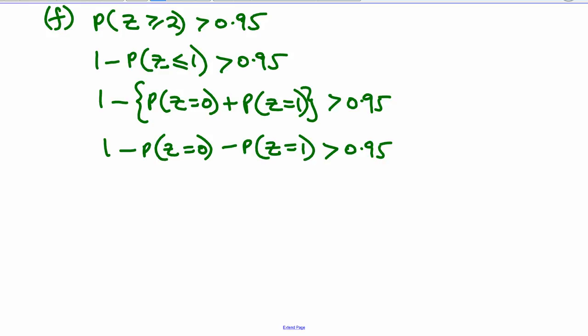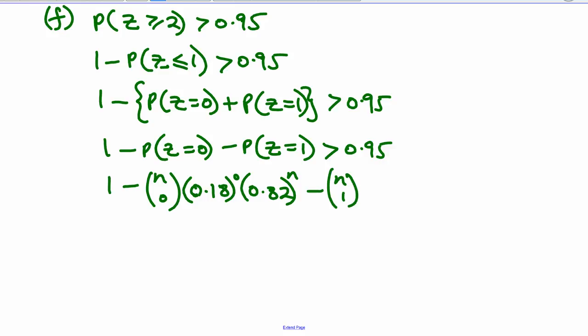All right. Now I'm just going to use the formula for the binomial distribution: n choose 0, 0.18 to the power of 0, 0.82 to the power of n, minus n choose 1, 0.18 to the power of 1, 0.82 to the power of n minus 1, is greater than 0.95.